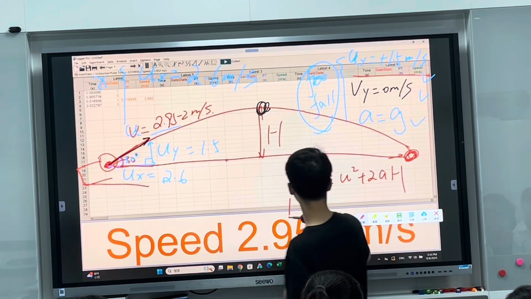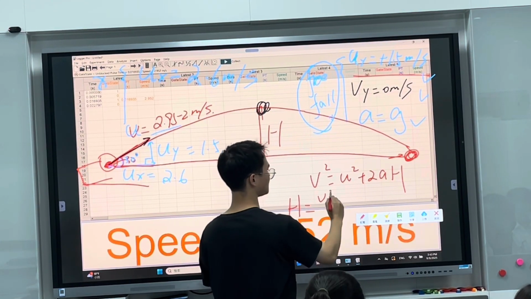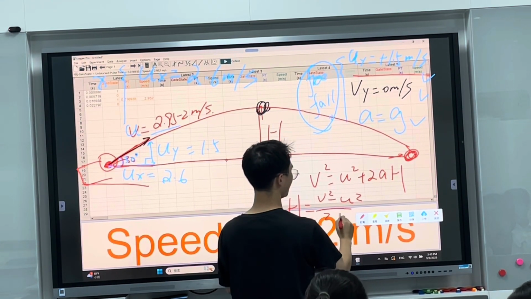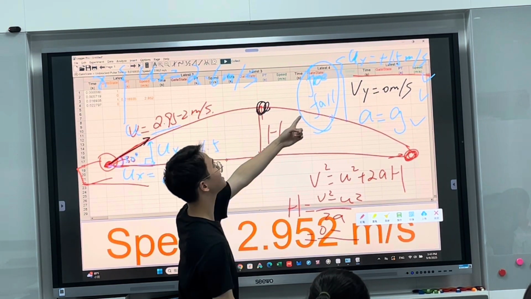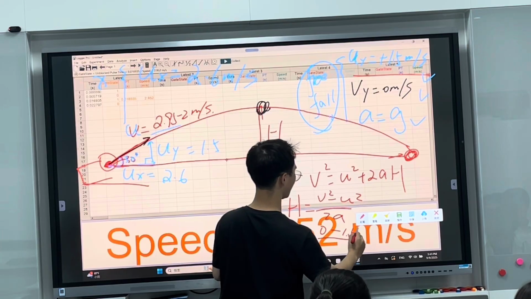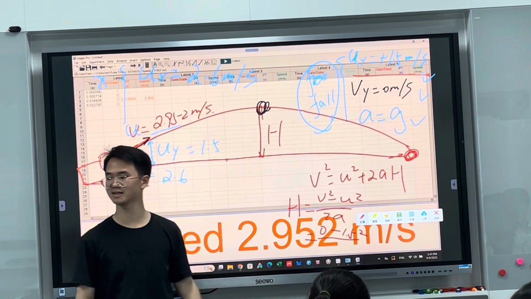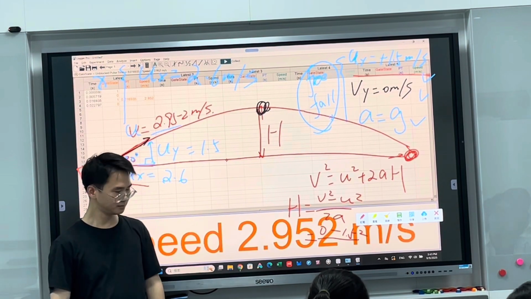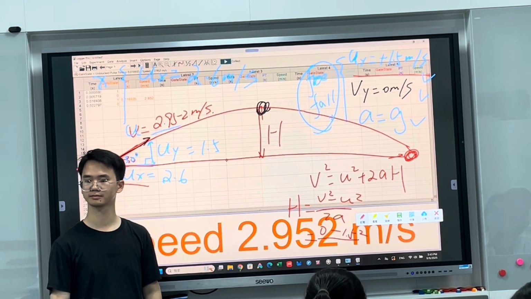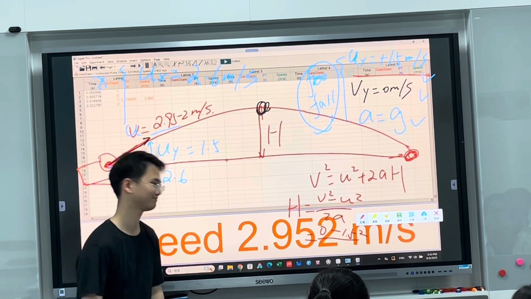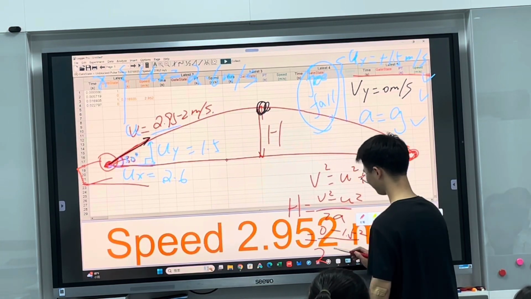So we can solve for h. h equals v squared minus u squared over 2a. v is 0. u is 1.5 squared. a is negative 9.81.